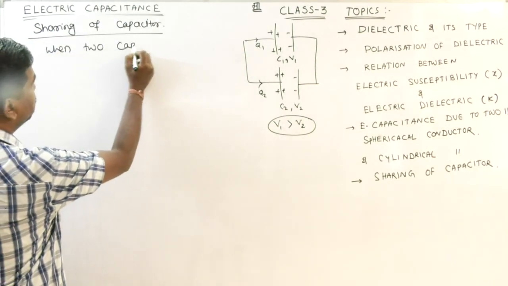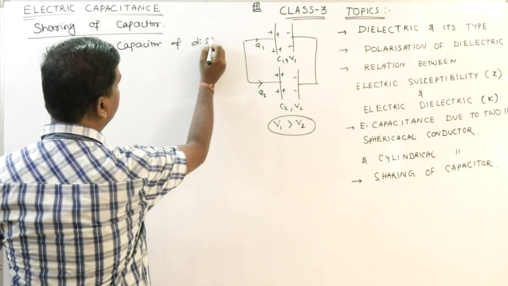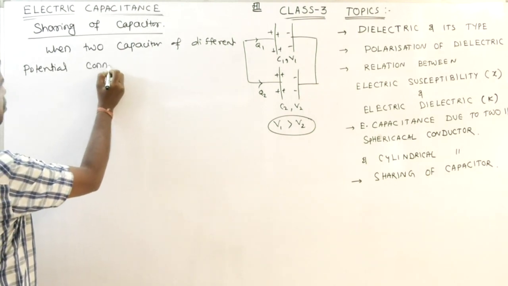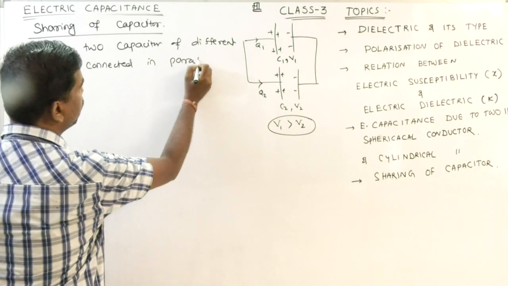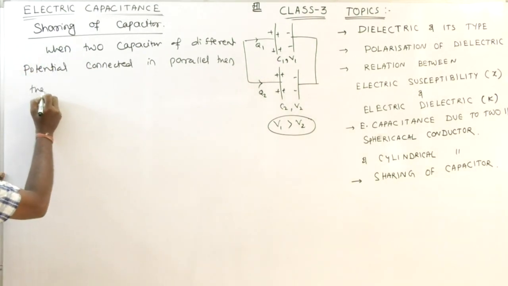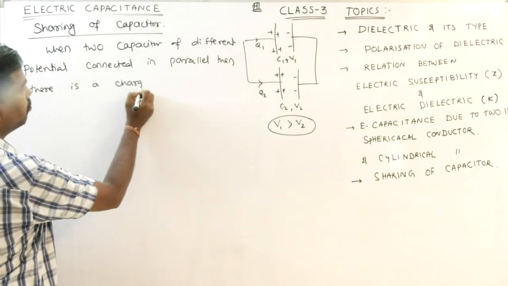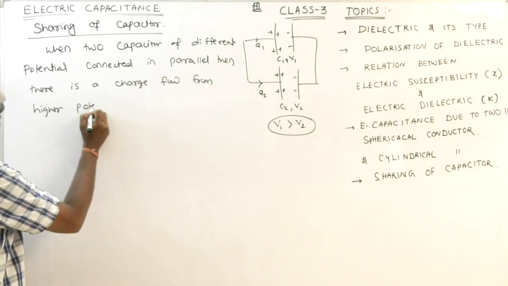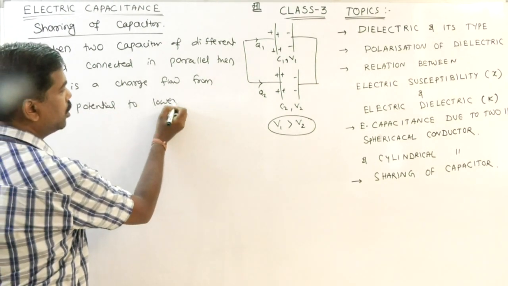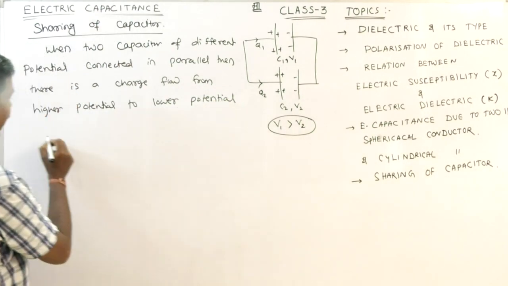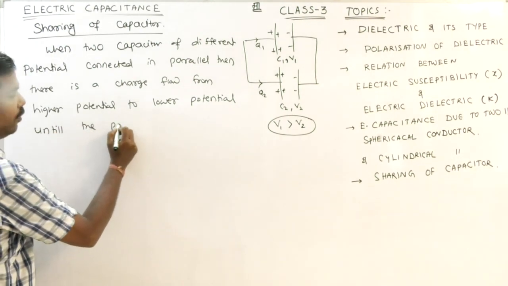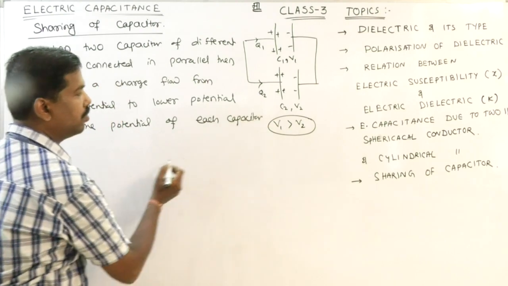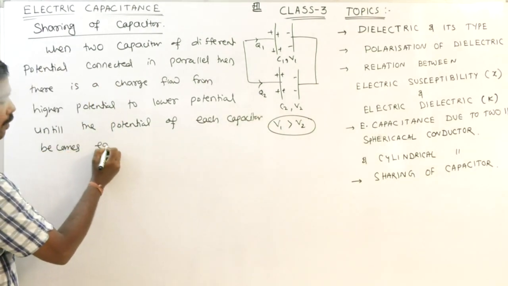When two capacitors of different potential are connected in parallel, then there is a charge flow from higher potential to lower potential until the potential of each capacitor becomes equal.